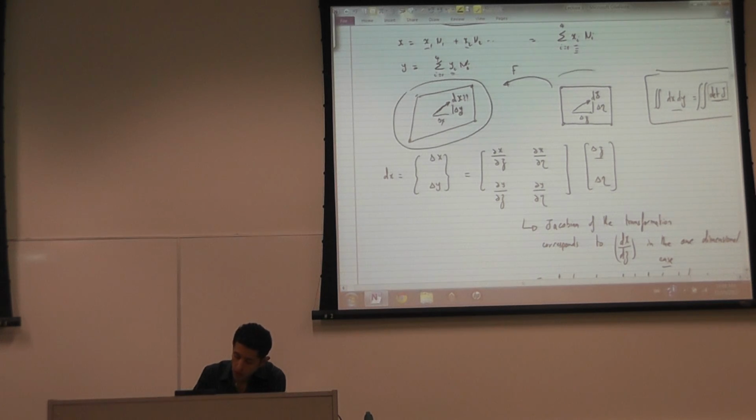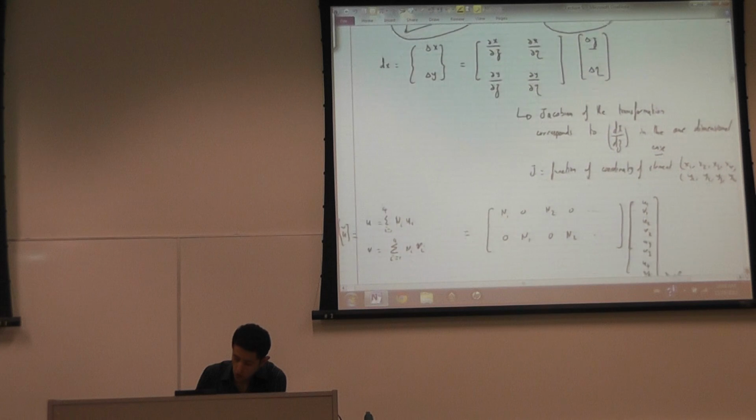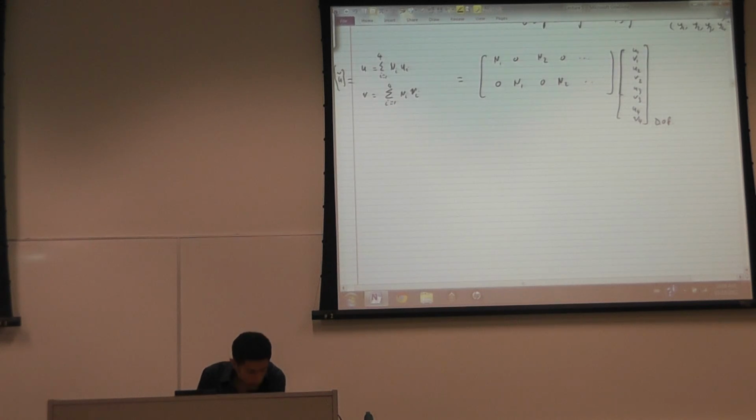But I'm going to write them in this coordinate system and then bring them to the world coordinate system. So first I'm going to write partial u by partial xi, because I would need this to describe the strain, and partial u by partial eta, partial v by partial xi, partial v by partial eta.